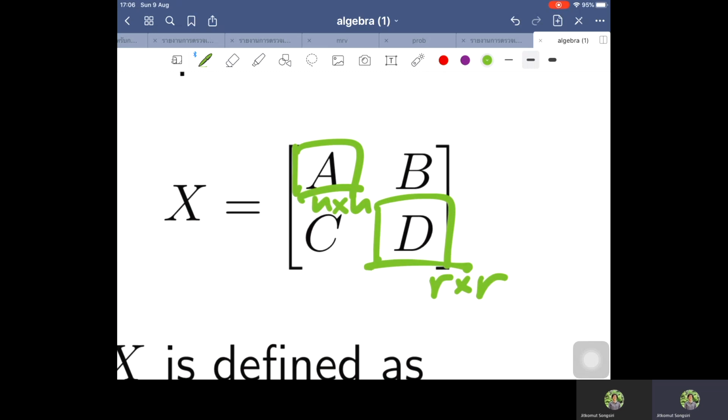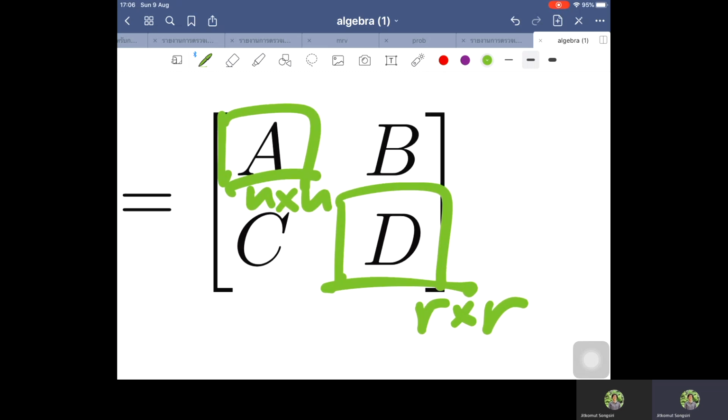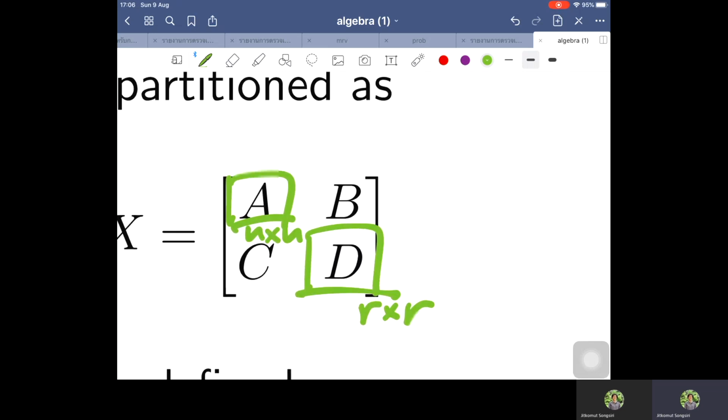Let's verify the dimensions. If A is n by n and D is r by r, B needs to have size n by r, the same rows as A and the same columns as D. What about C?